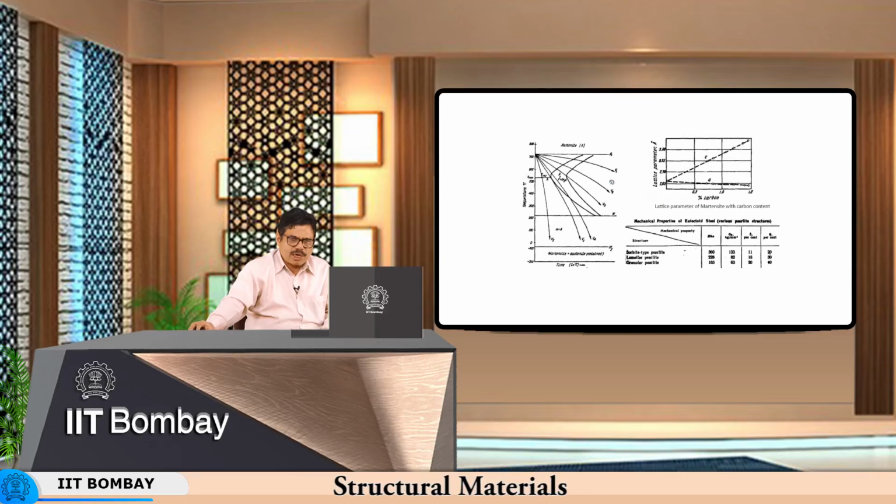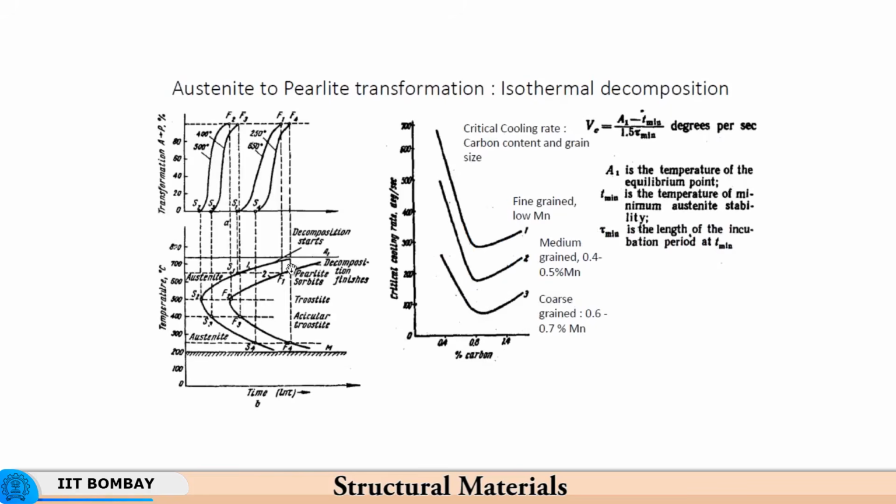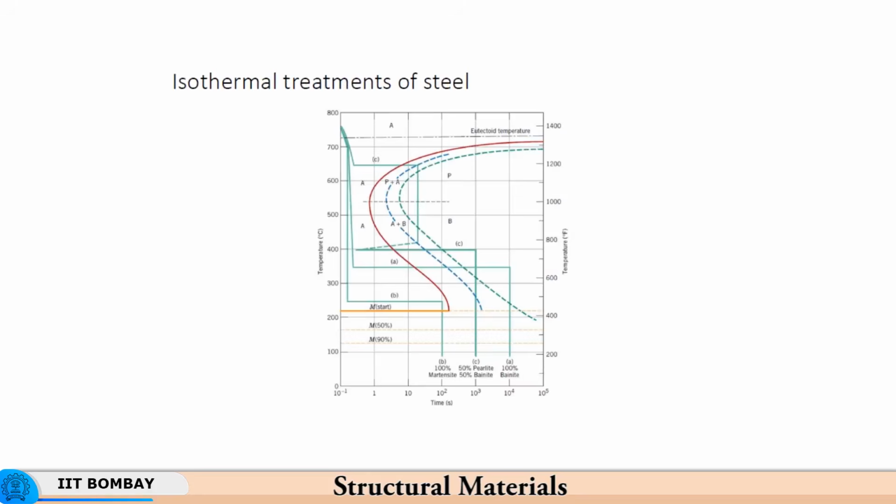Now, generally speaking, the critical cooling rate, which is indicated by this, is tangential to this temperature time transformation diagram, and it will be much lower if the carbon percentage is higher. So, let us see here.